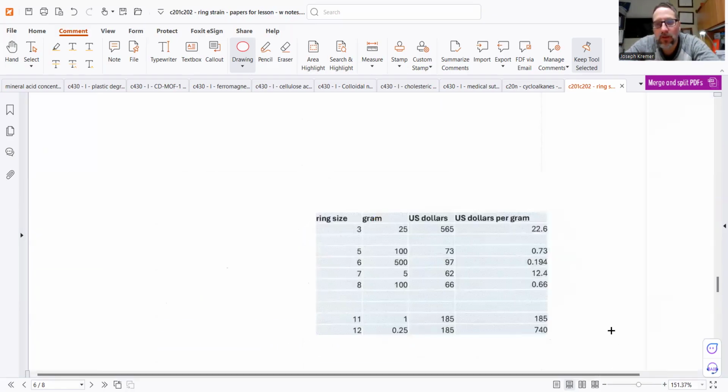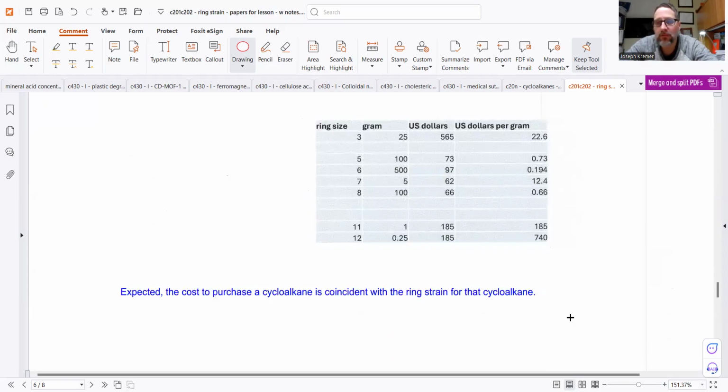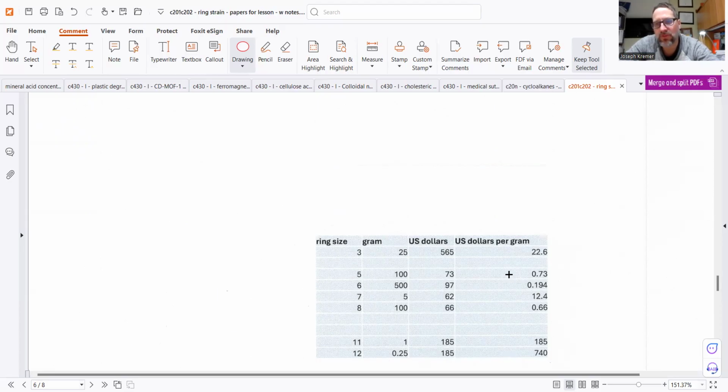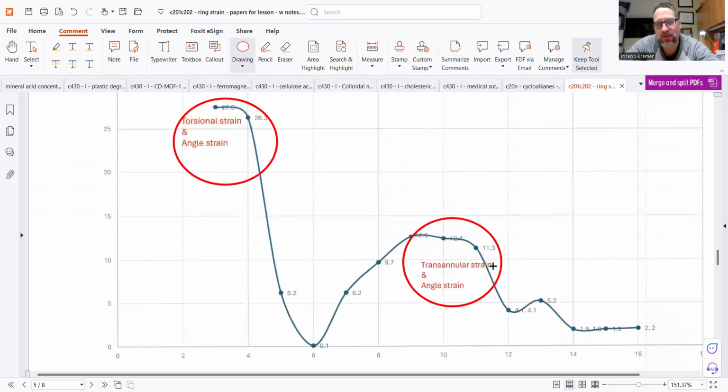I can reconcile the fact that the cost for purchase on a budget at an academic or federal or municipal or state or private place of business, if they're going to purchase these cycloalkanes, will just go along with what this chart said with respect to stability and instability.